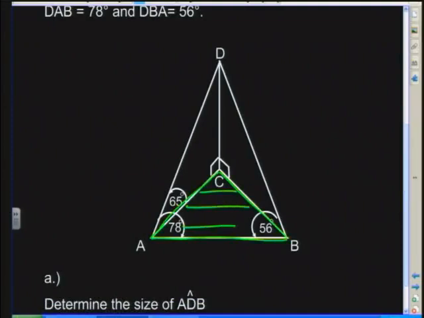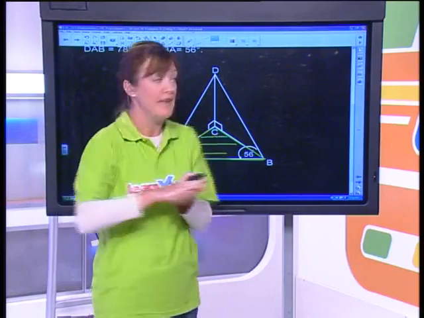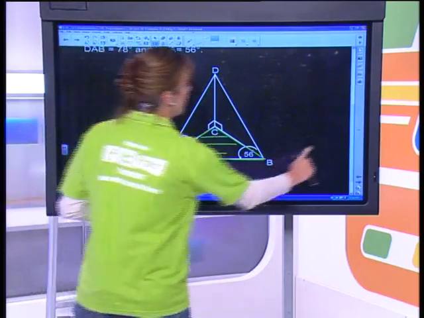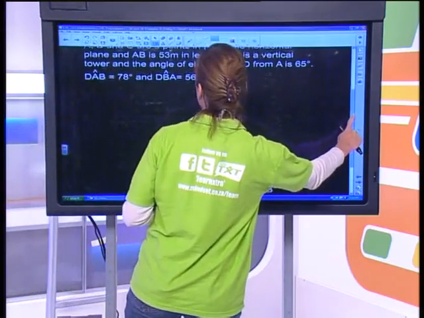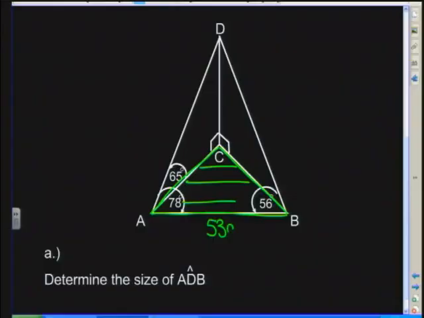That is telling us that that is actually a flat surface, okay? That those 3 points are all just points on a flat surface, okay? And then they've told me that I have the length of AB, which is 53 meters. Okay, so that's given to us over there.